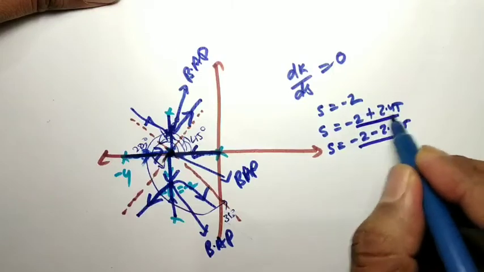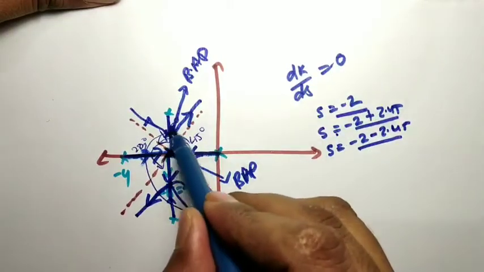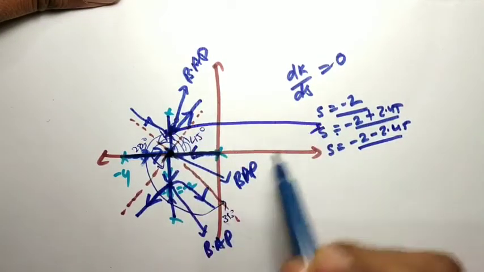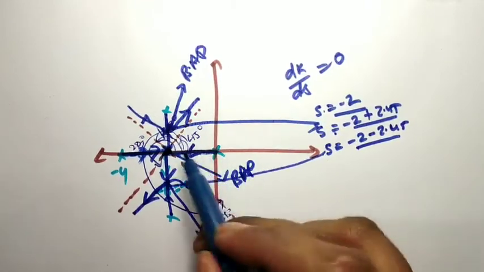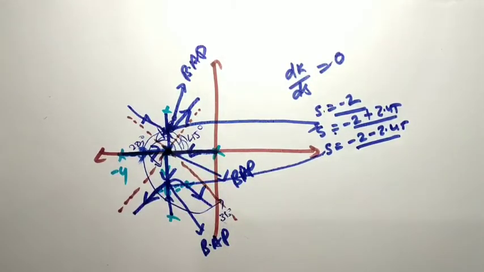This is one breakaway point, this is another, and this is the third. We are going to find these 3 breakaway points. So this is about the 6th rule.